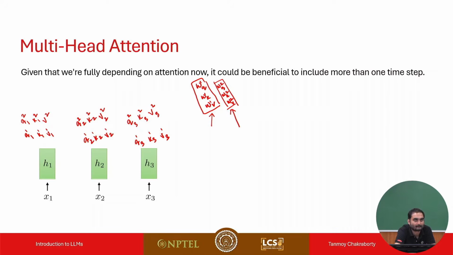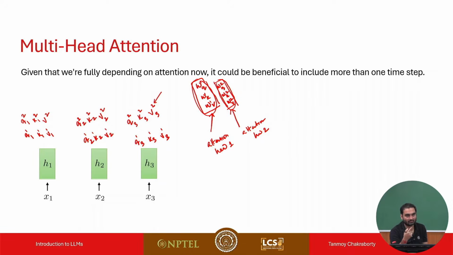Is this clear? Each of these sets of parameter matrices is called an attention head. So this is attention head 1, this is attention head 2.